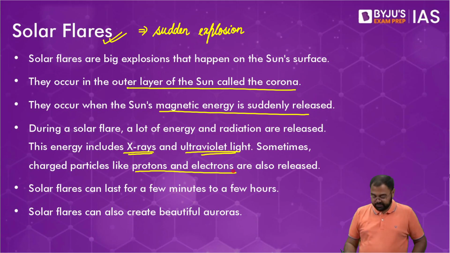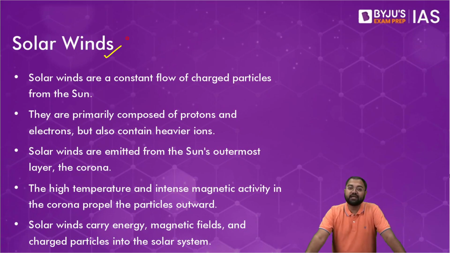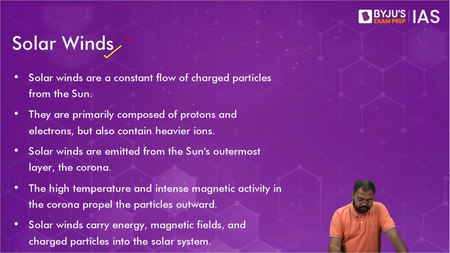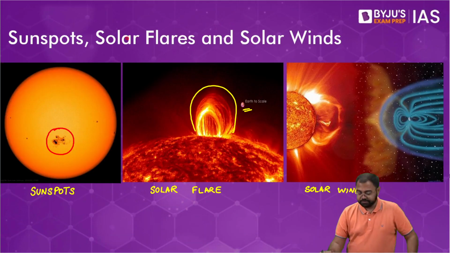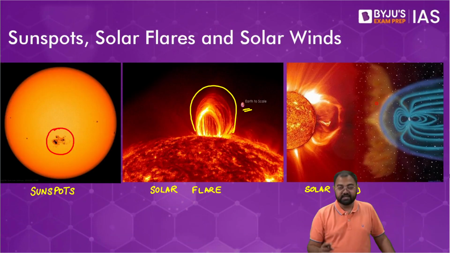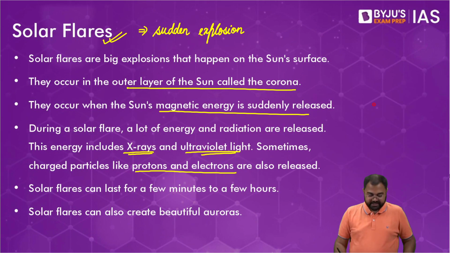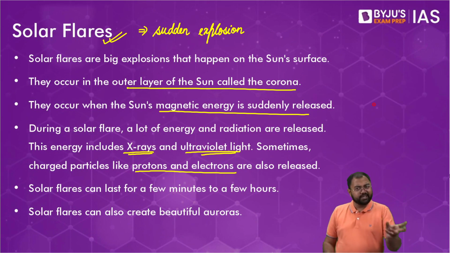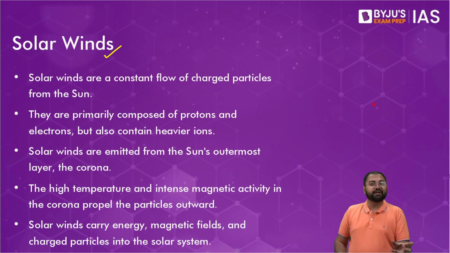Not only solar flares, but even solar winds. If you look at this picture, solar winds basically are magnetic winds. Now we are saying that in case of solar flares, they are also magnetic in nature. In case of solar winds also, they are magnetic in nature.